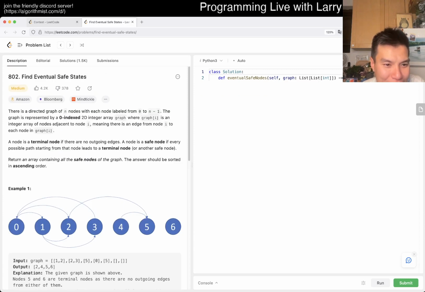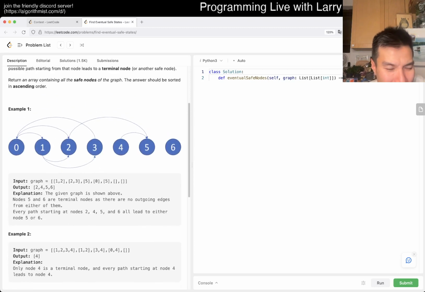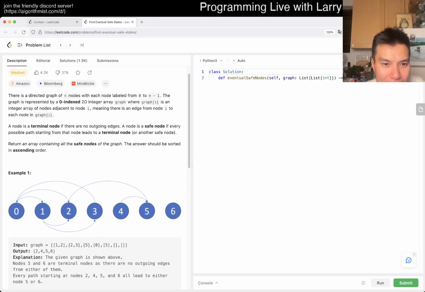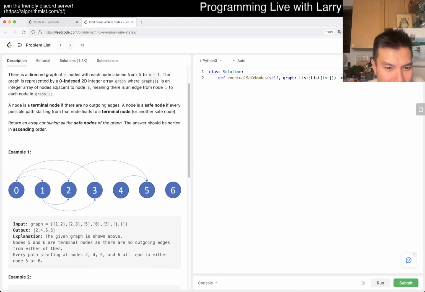They should define what a path is, because I'm actually a little bit confused. 0 goes to 2, and 2 is a safe node, right? Why is 0 not legitimate? 0 goes to 1, 1 goes to 2, and 2 is good, right? 2 goes to 3, 3 goes to... 0 goes to 1, 1 goes to 3, 3 goes to 0, goes to 1, but then... Is that maybe why? The 0, 1, 3 cycle?